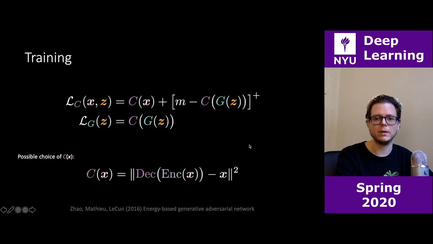It's going to be the MSE, the quadratic difference between the decoding of the encoding of the specific input. So this is the reconstruction of an autoencoder minus the input itself, squared, right? The norm squared.